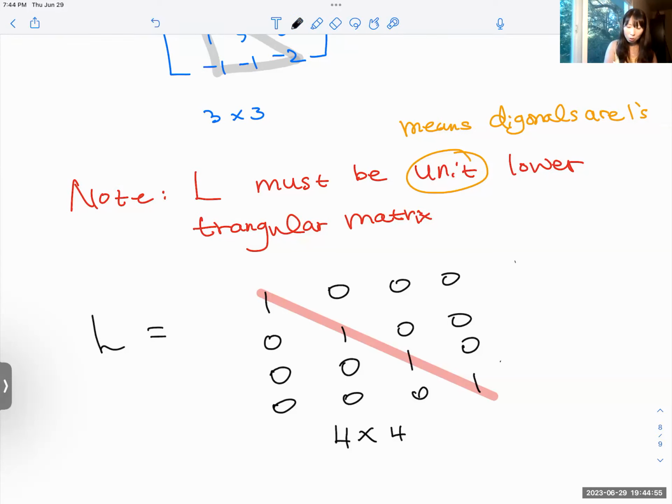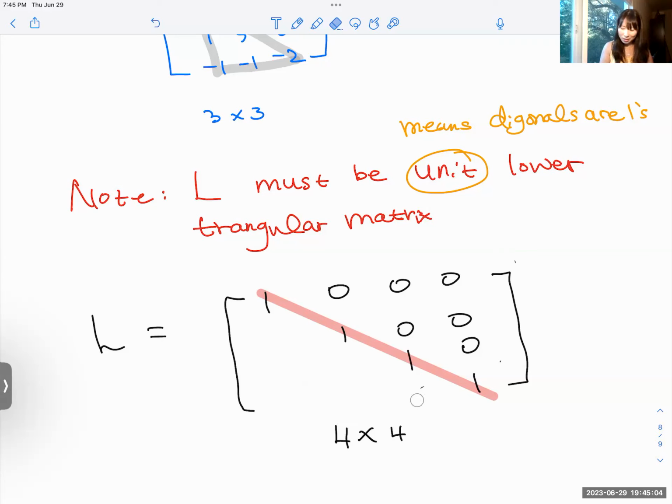Oh no, what am I doing? I'm so sorry, don't copy, please. I was focused on only the diagonal. Below the diagonal we can put any number, stars for any number.